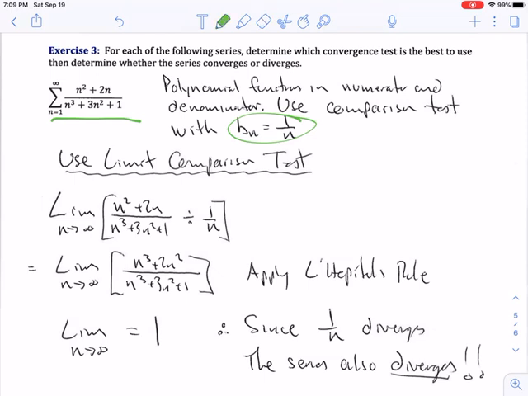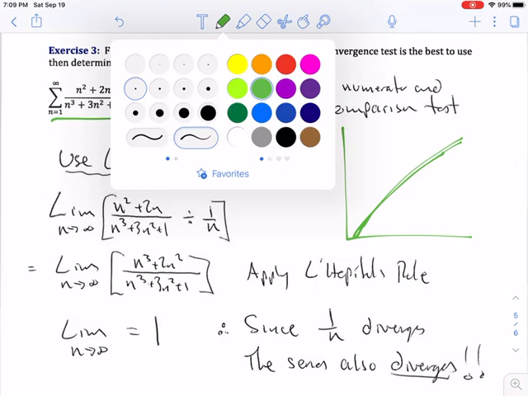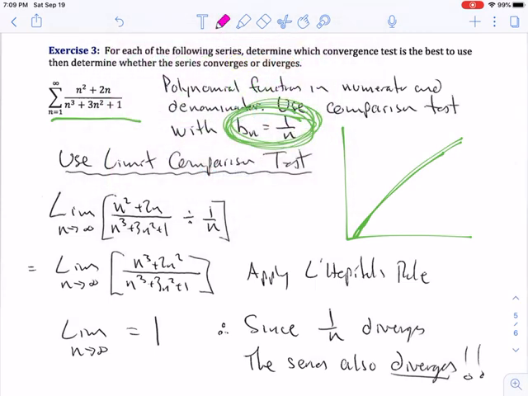The direct comparison test says, so this is a diverging harmonic series. Our comparison series is a diverging harmonic. The way I like to look at it is, let's just say this is a diverging function. If it's diverging, then the other function, a sub n, has to be above it.